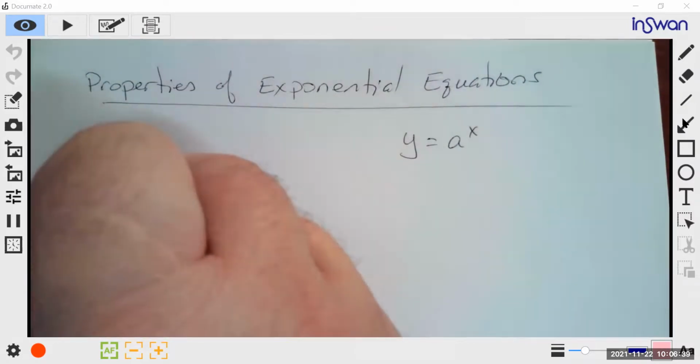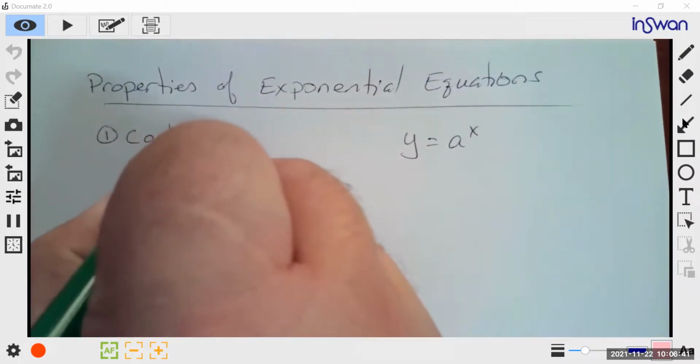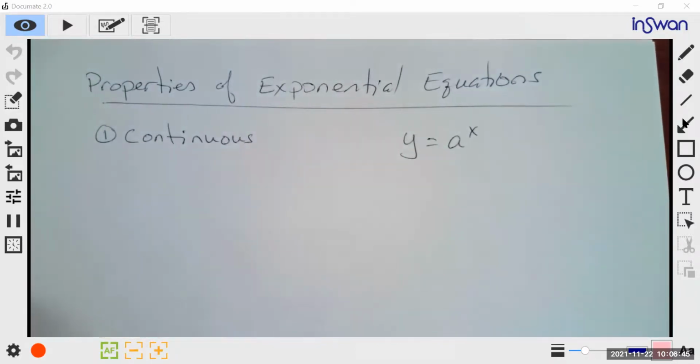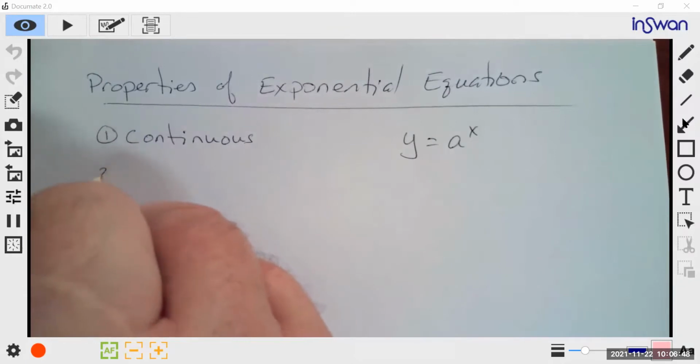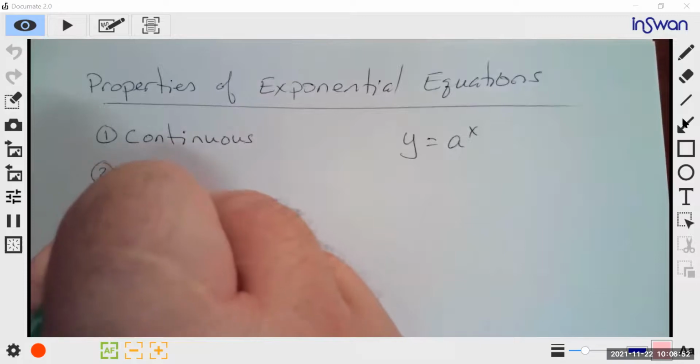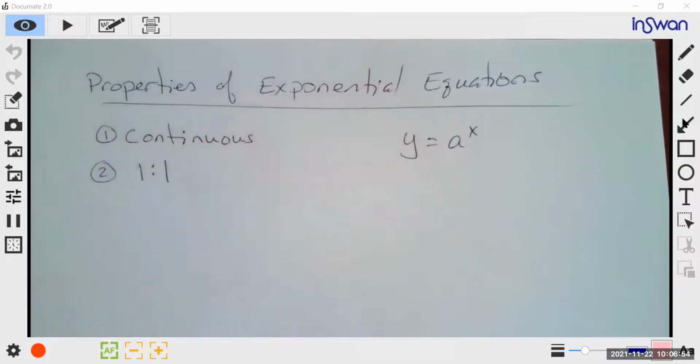So the first thing, they have to be continuous. There are no stopping points, no breaking points. They're one-to-one, meaning they'll pass the horizontal line test.